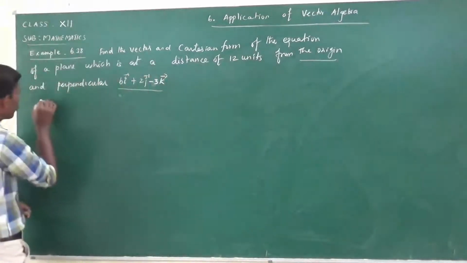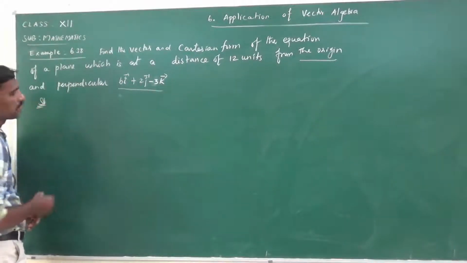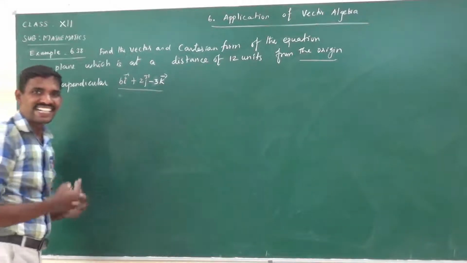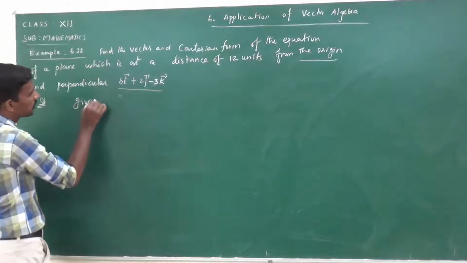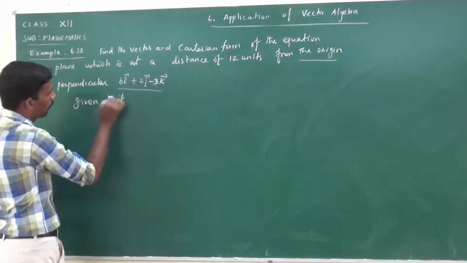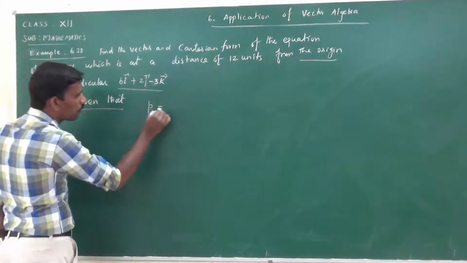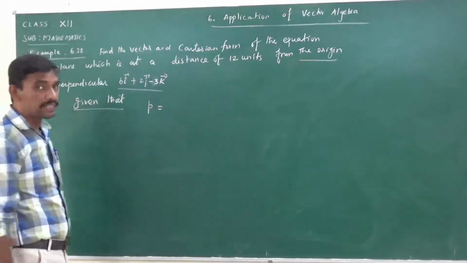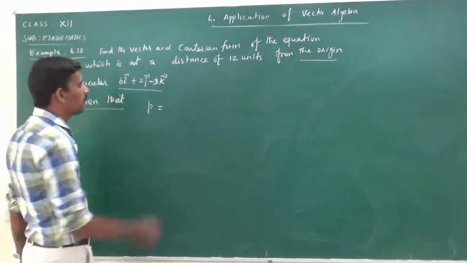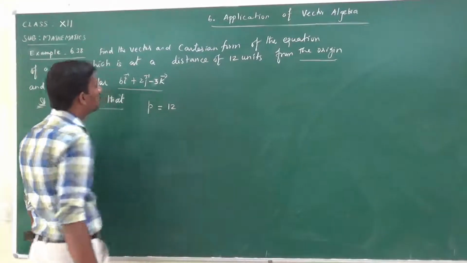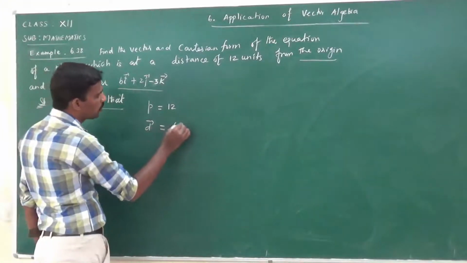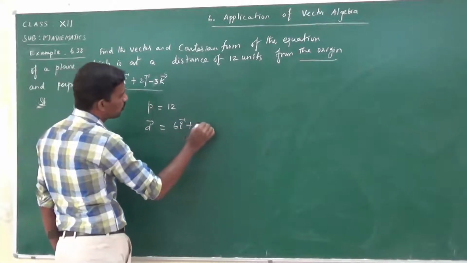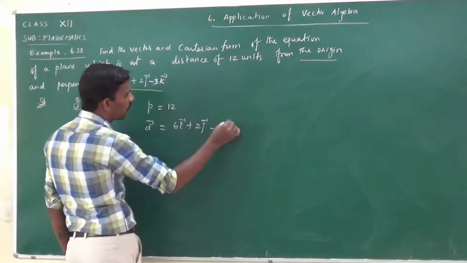Now we know the form: the equation is r vector dot d cap is equal to p. Given that p, small p, is the distance from the origin to the plane, this is 12 units, and d vector is equal to 6i vector plus 2j vector minus 3k vector.